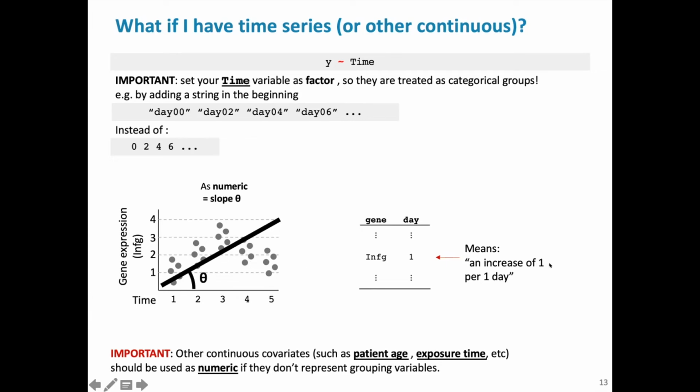So increase of 1 of interferon gamma per 1 day in this example. So if you have 1 here, and 2 here, it's 1.5 minus half. So this is the slope that is showing here. And that is good if you have patient age or other continuous variables.